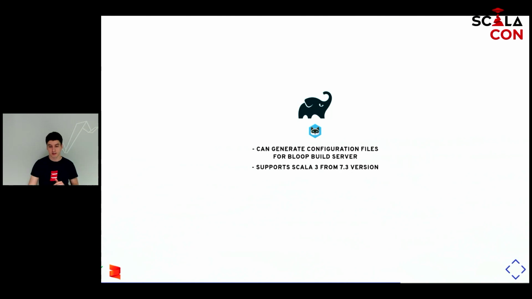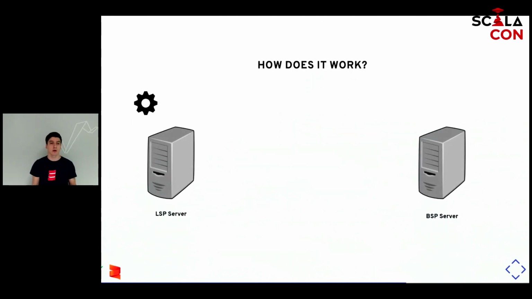Right, so how does it work? It's a very similar principle. Instead of the editor and LSP server, we have LSP server and BSP server. Whatever information LSP server needs about the build definition, for example, which project a source file belongs to, it will ask the BSP server.